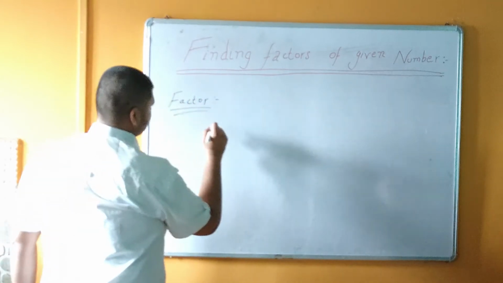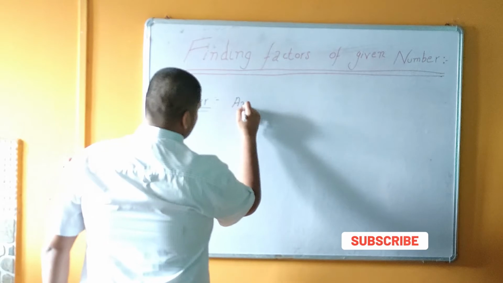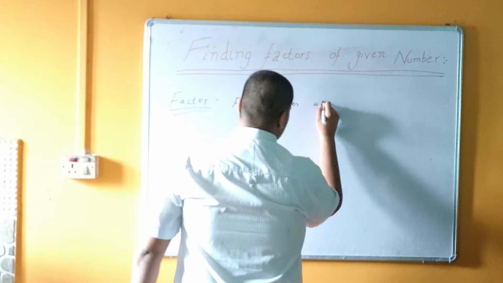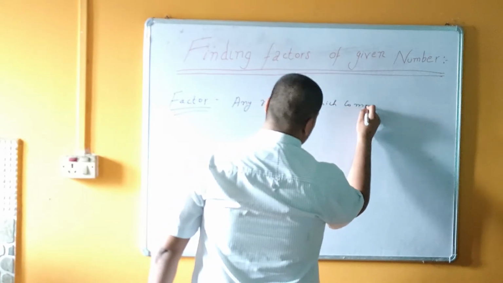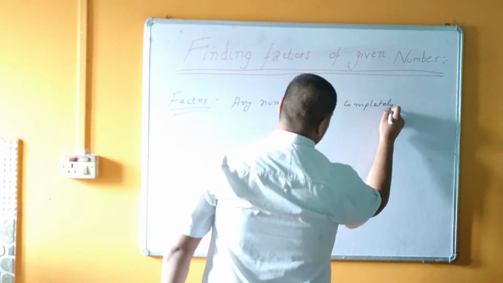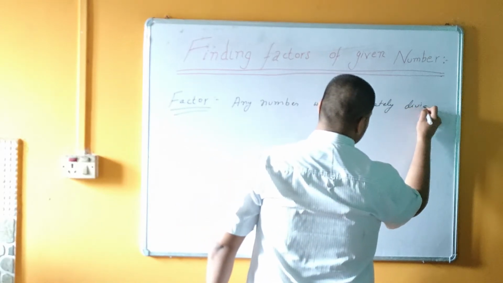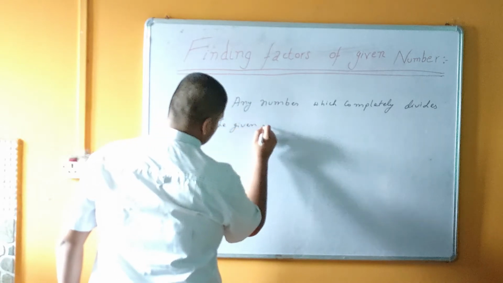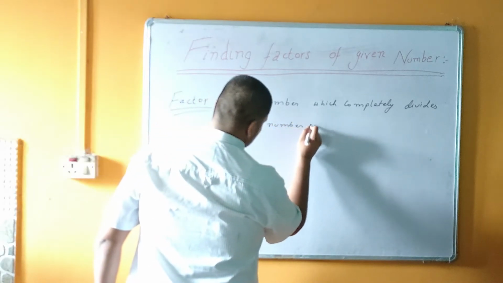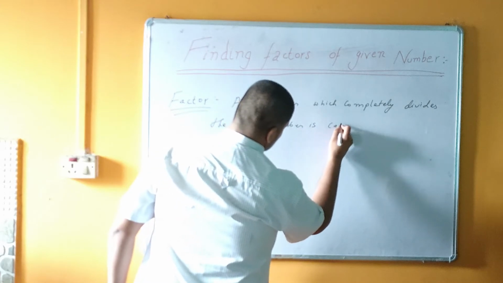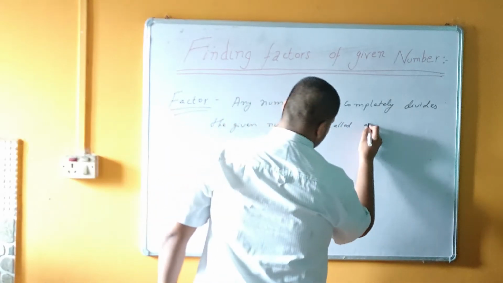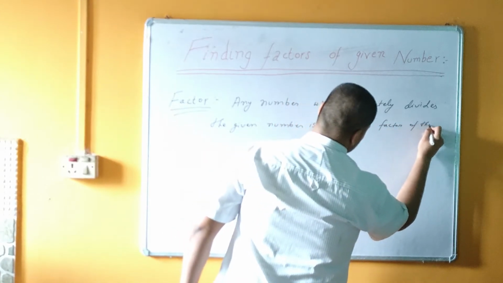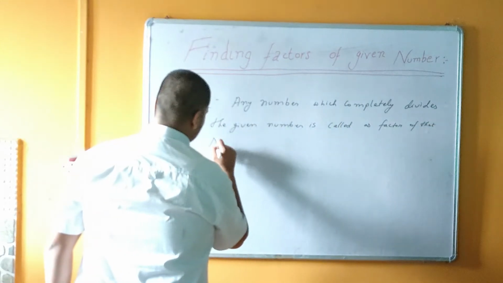It is nothing but any number which completely divides the given number is called as a factor of that number.